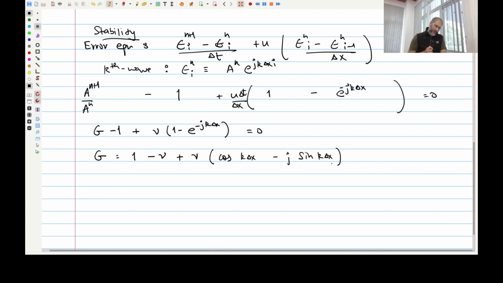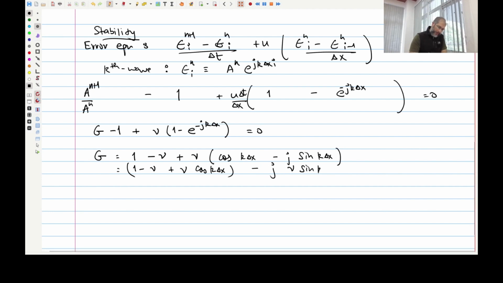This has a complex term, so we'll separate the real and imaginary parts. So this becomes 1 minus nu plus nu cos k delta x, that's the real part, and then minus j times nu sine k delta x. The minus nu sine k delta x is the imaginary part.